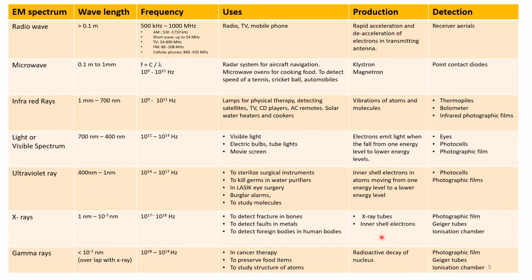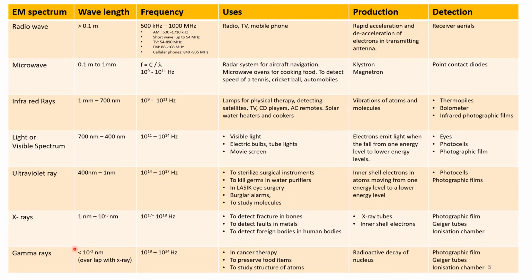These are detected by photographic films. We have seen many X-ray films, where medical experts use photographic film to detect the condition of our body. They are also detected by Geiger tubes and ionization chambers.